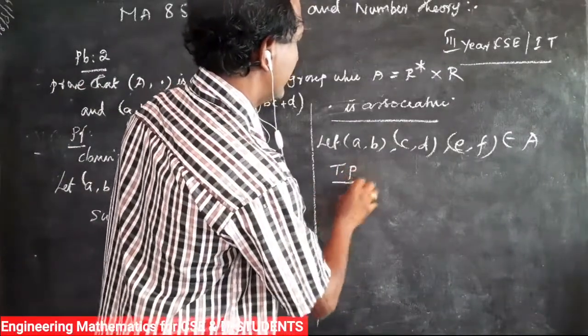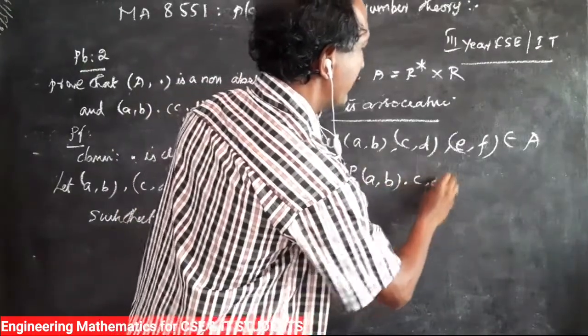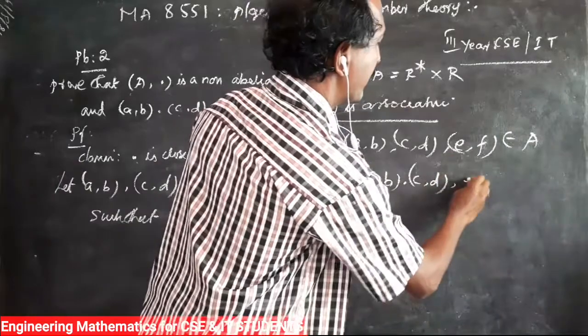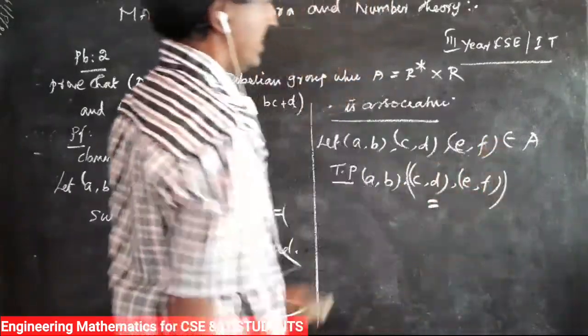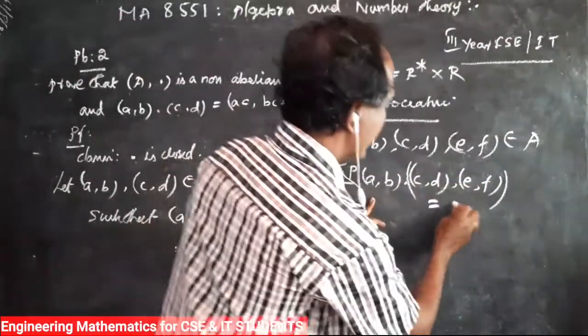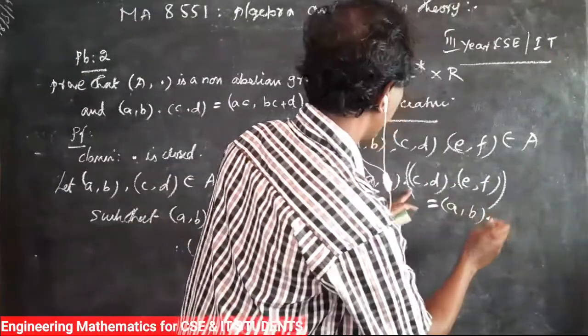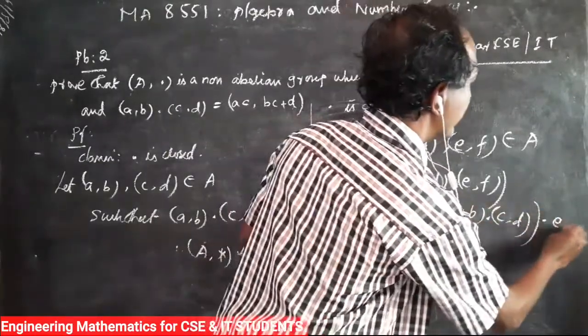To prove [(A, B) dot (C, D)] dot (E, F) equals (A, B) dot [(C, D) dot (E, F)].